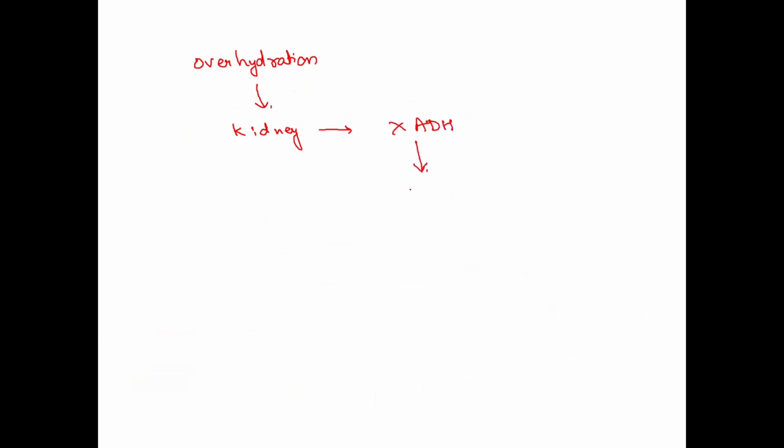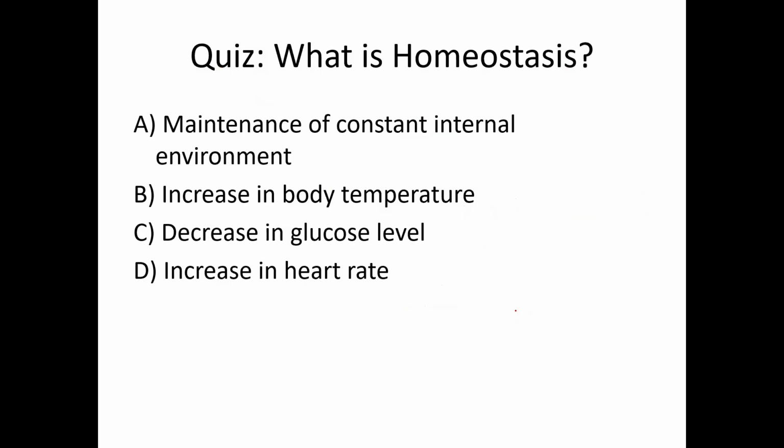If ADH is not released, there is no absorption of H2O and salt, and it leads to dilute urine. Right, this is how the body is able to maintain its mechanism.